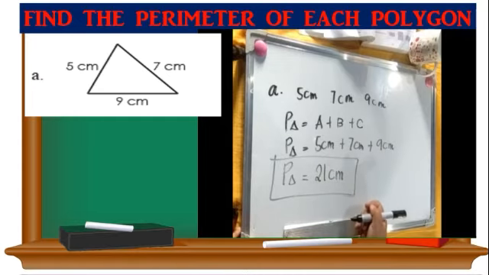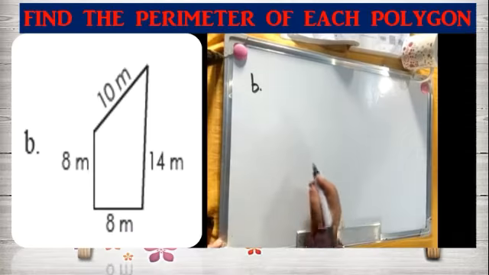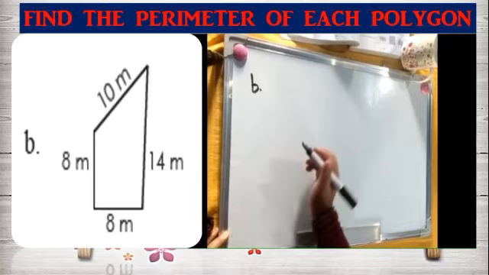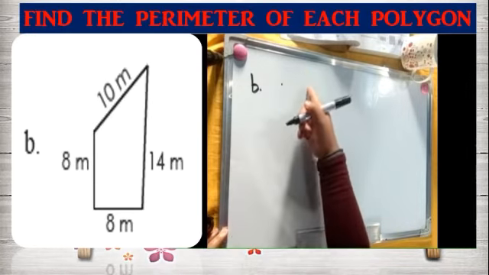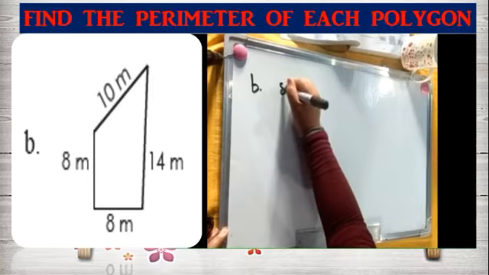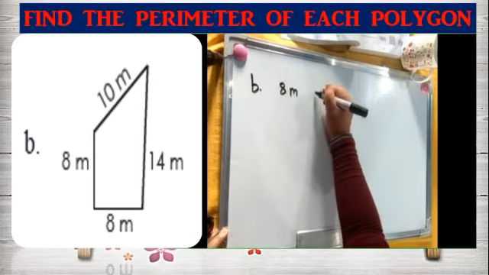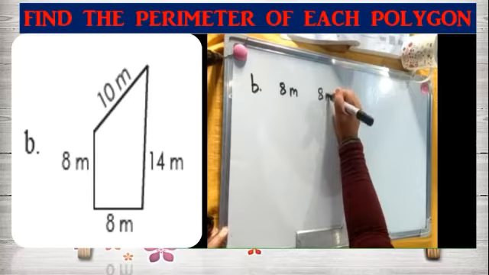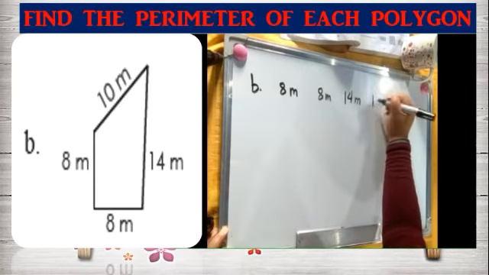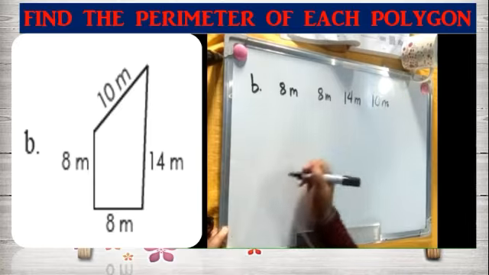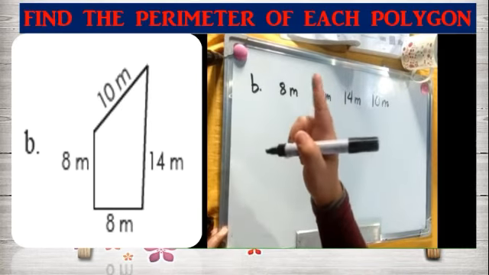Okay? Naka-follow? Very good. So our example letter B, as you have shown in the figure, we have iyahang dimensions class are 8 meter, 8 meter, 14 meter, and 10 meter. So, 1, 2, 3, 4, 5.